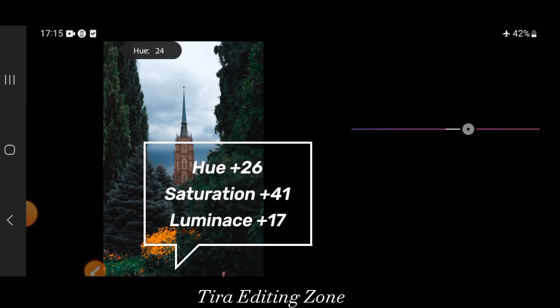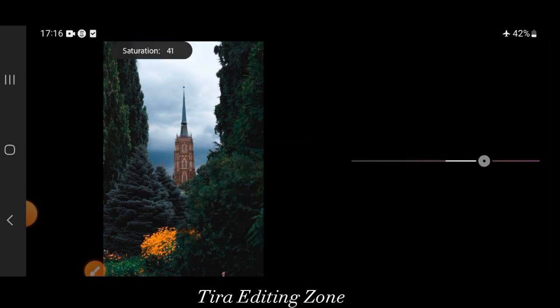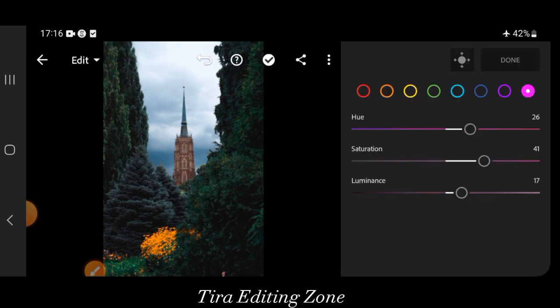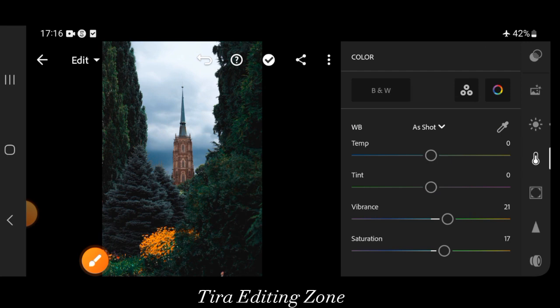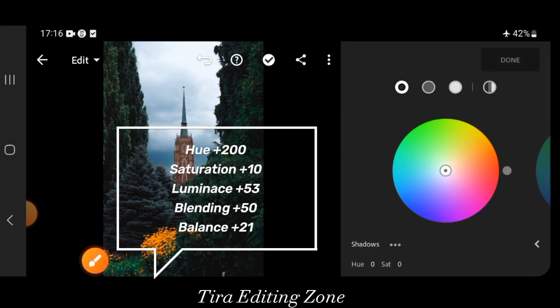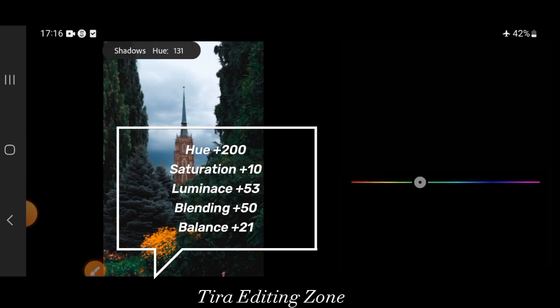Hue plus 26, saturation plus 4, luminance plus 17. Hue plus 100, saturation plus 10, luminance plus 5/3, blending plus 50, balance plus 21.